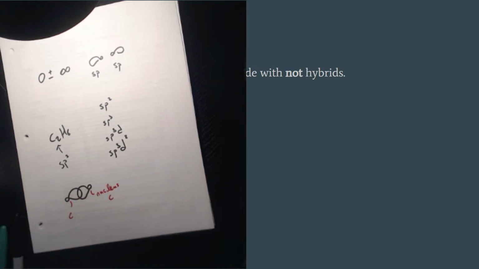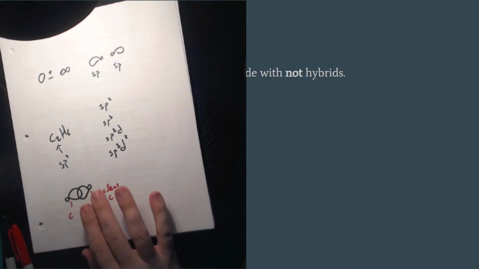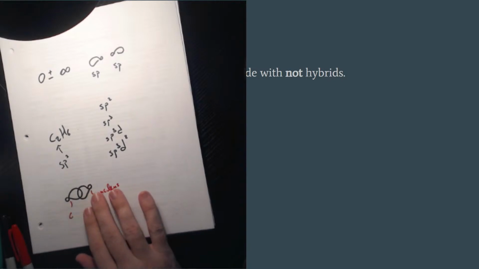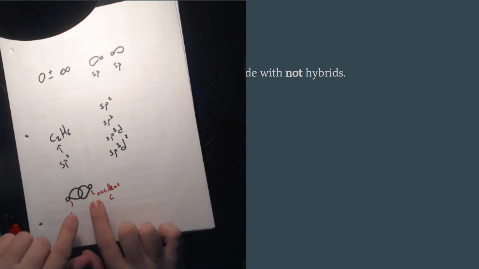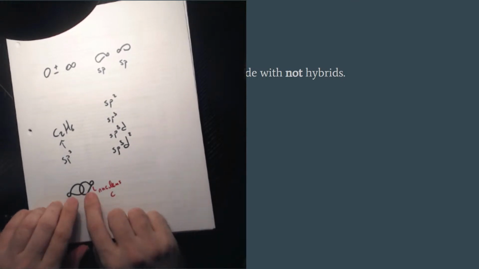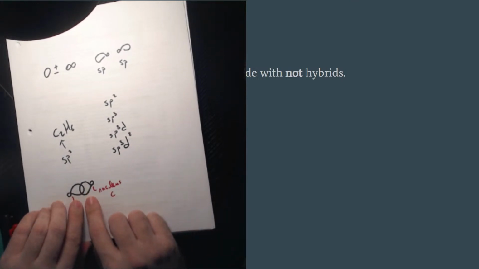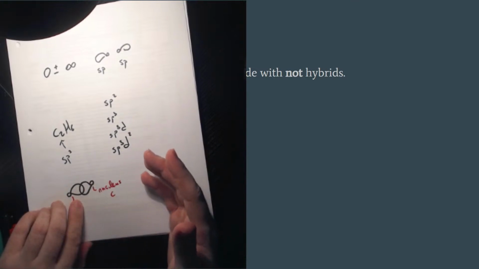But the thing is, in order to get these orbitals with their great directionality that gives us the geometries that we're looking for, we have to use the p and d orbitals that have the directionality we want. They're pointing in the directions we want. So the p and d orbitals that are left over will necessarily not be pointing in the directions we want.